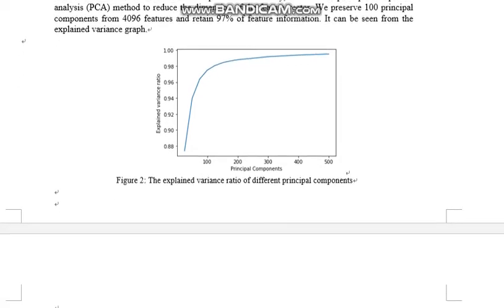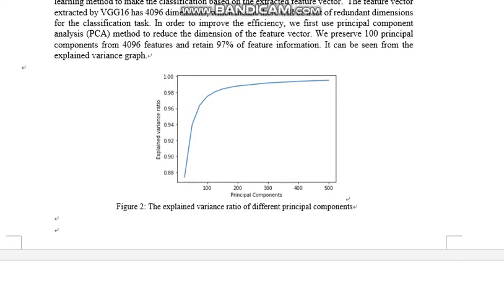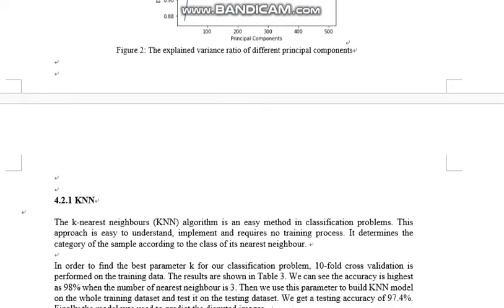And then we perform the traditional supervised learning methods based on the PCA-reduced vectors.